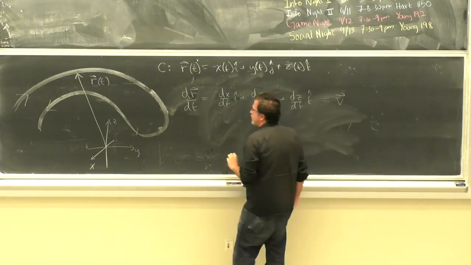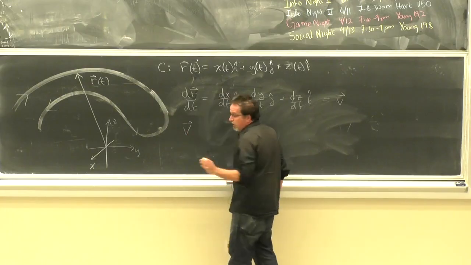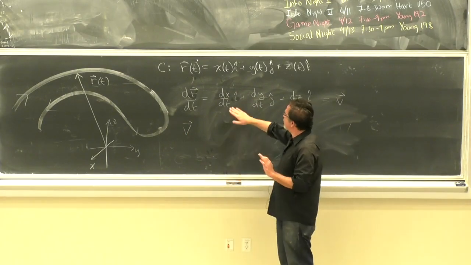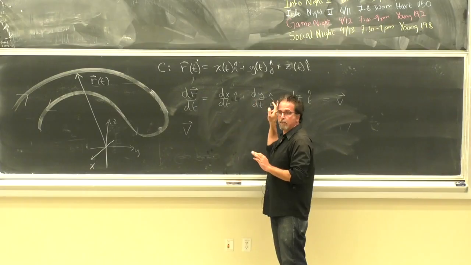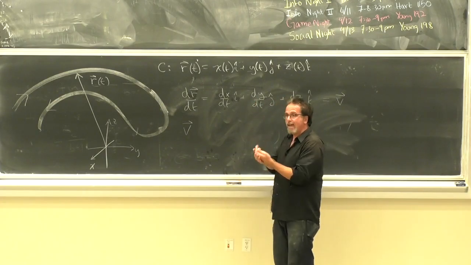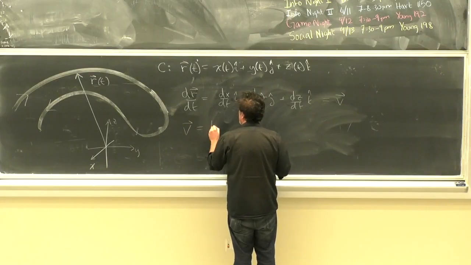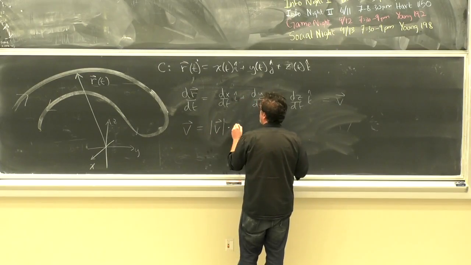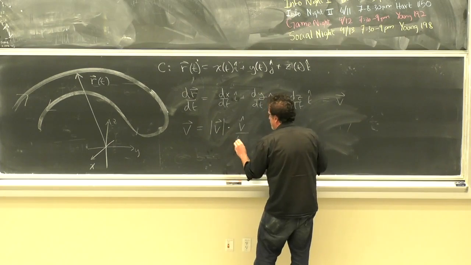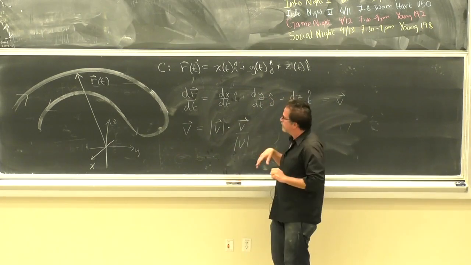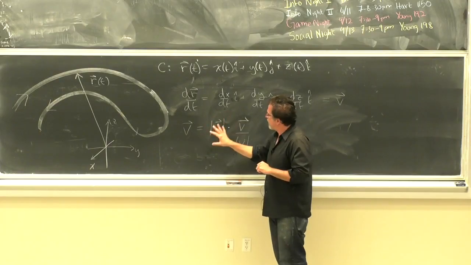Any vector can be represented either in terms of components on a basis or magnitude and direction. So the vector v can be represented as the magnitude of v multiplied by the direction vector, v divided by the magnitude. I'm just splitting this up. I haven't done anything.